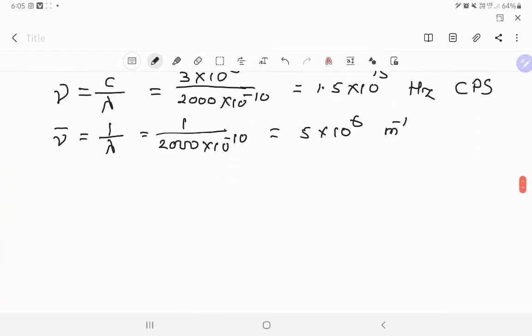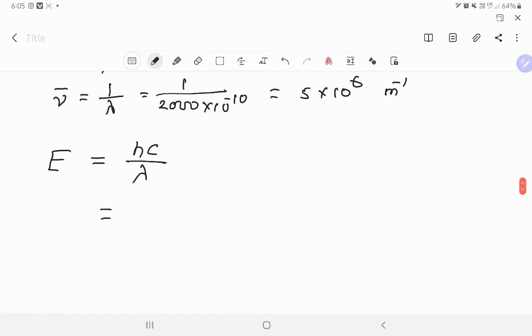Okay, now we have to determine energy per quanta. E is equal to hc upon lambda. Therefore, E is equal to the value of h, the value of velocity of light, and lambda is given. The value of h is 6.624 into 10 raised to minus 34.